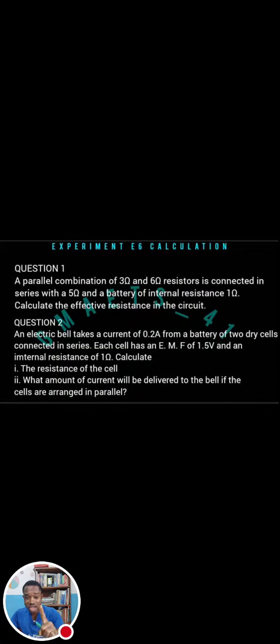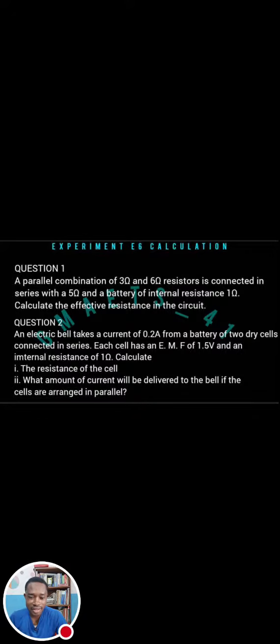Take note, each cell has an EMF, electromotive force, of 1.5 volts and an internal resistance of 1 ohm. I, calculate the resistance of the cell. II, what amount of current will be delivered to the bell if the cells are arranged in parallel?